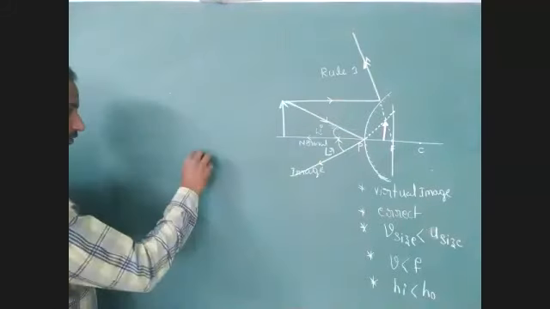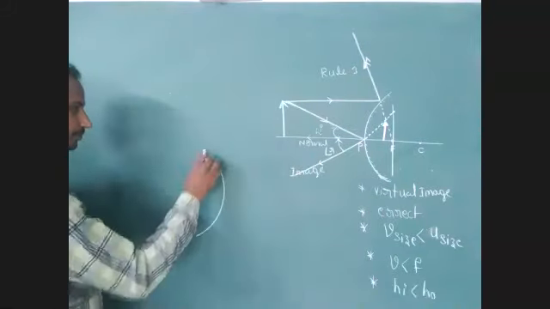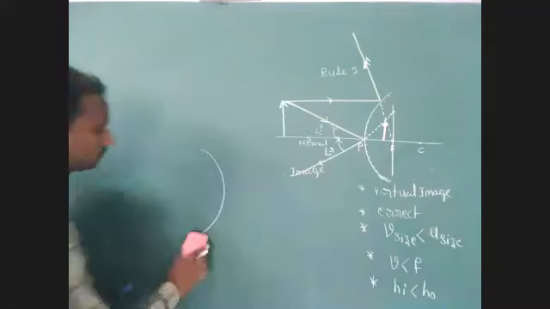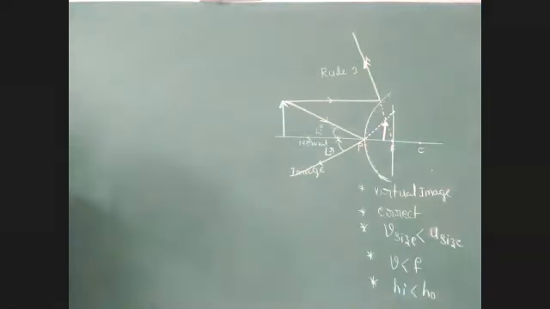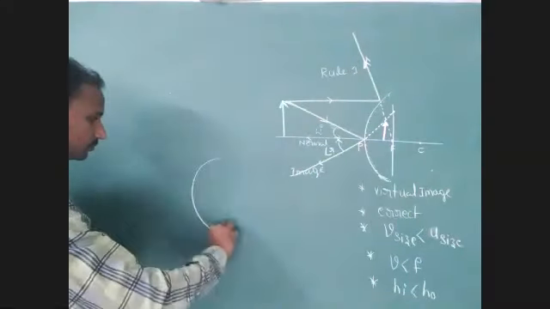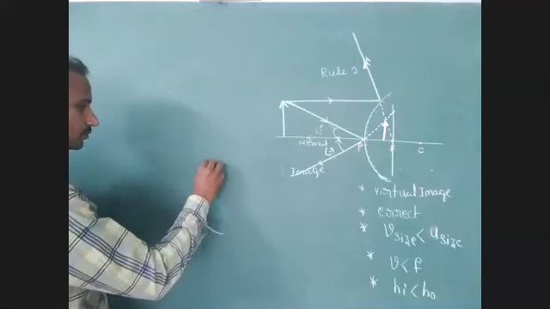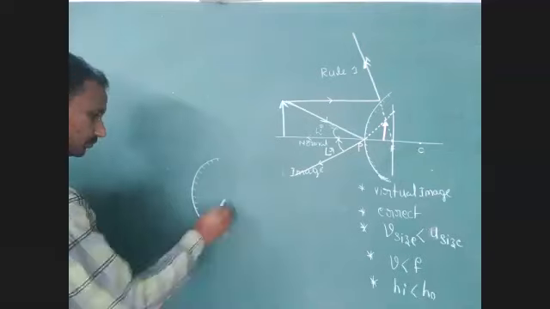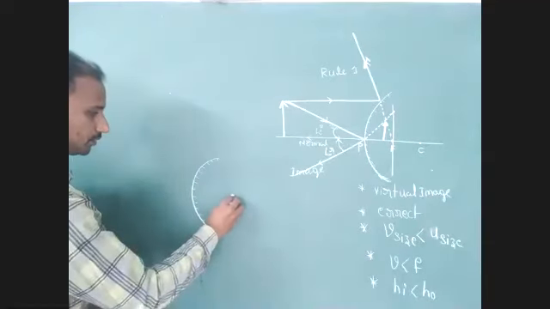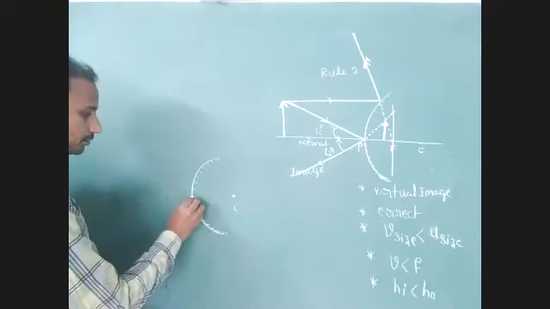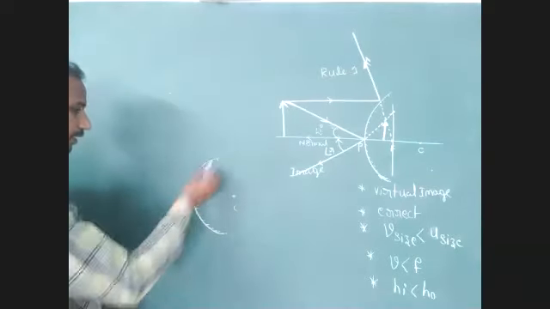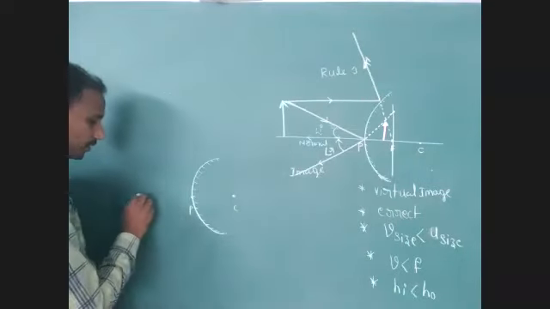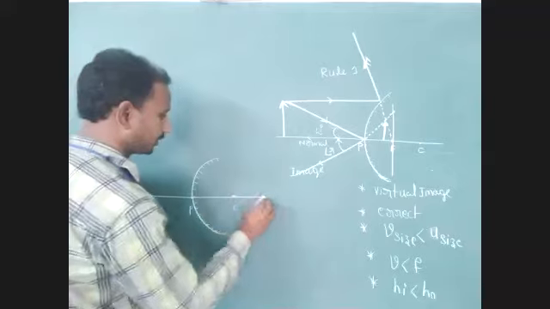Okay, students, just identify. Center of curvature, C. Pole, midpoint of this convex mirror is pole. Draw a reference line.